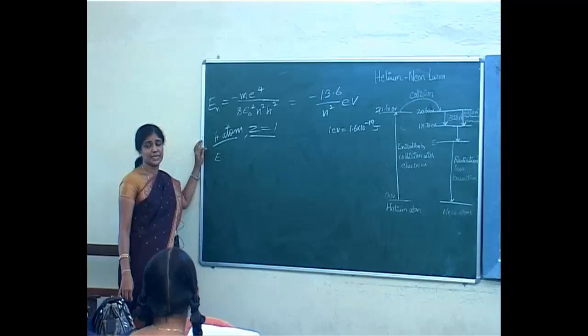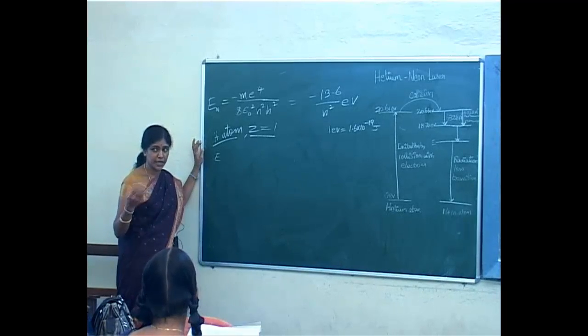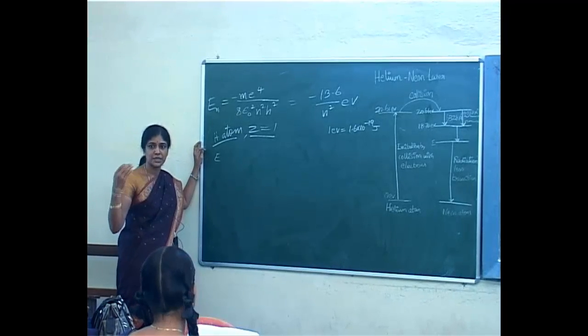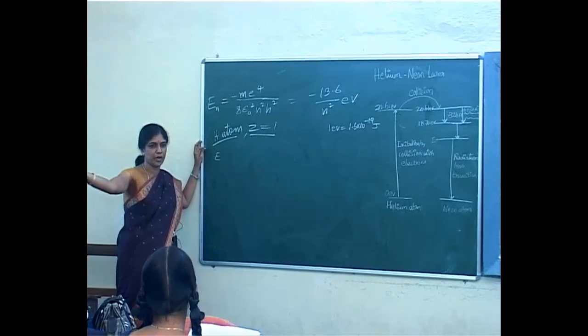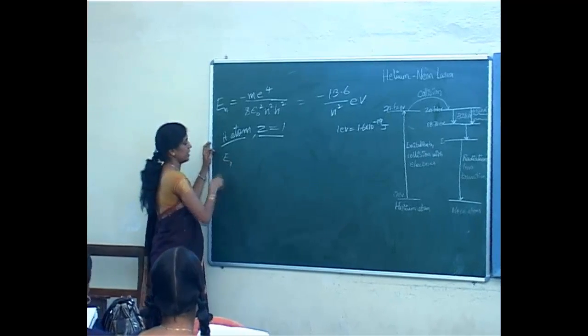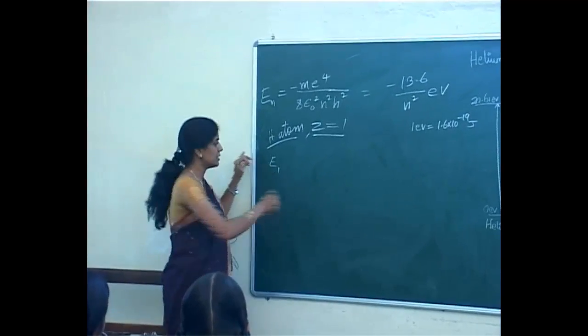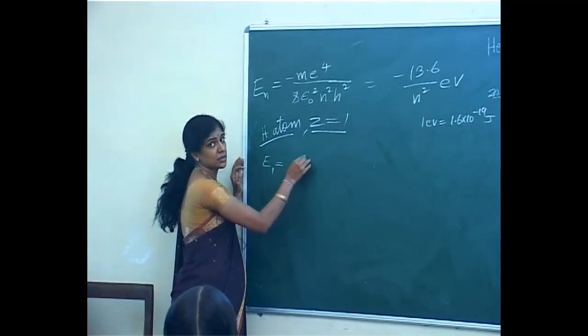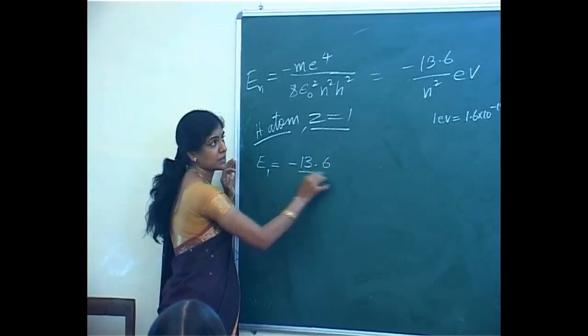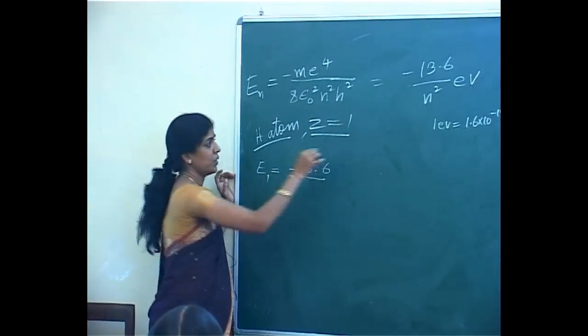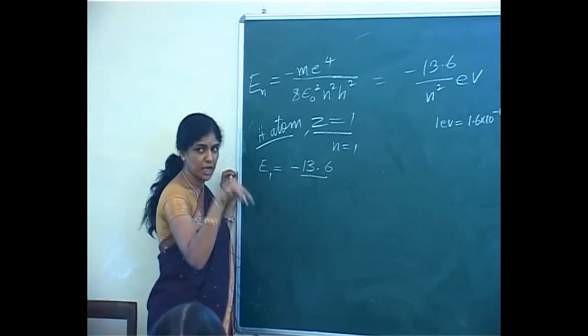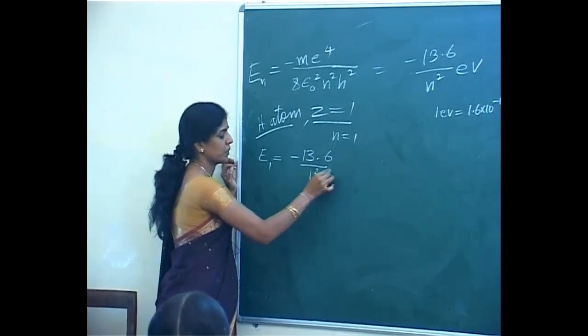The electron may be in the first orbit, second, third, fourth or whatever it may be. When it is in its first orbit, E1, the energy of the electron, is given by minus 13.6 by n square. What is n here? The electron is in the first orbit, so 1 square.